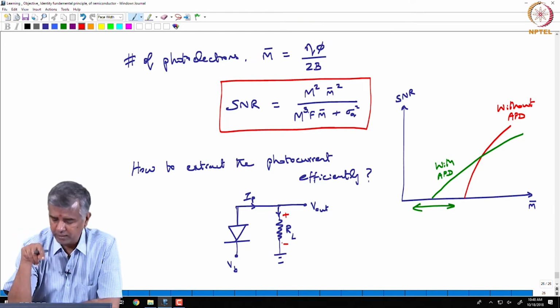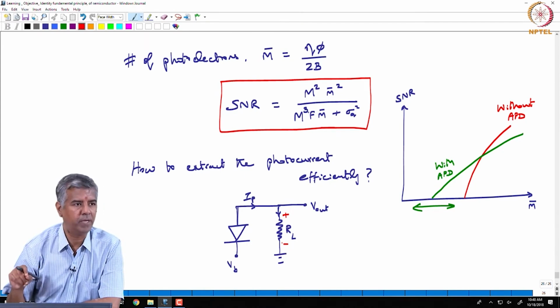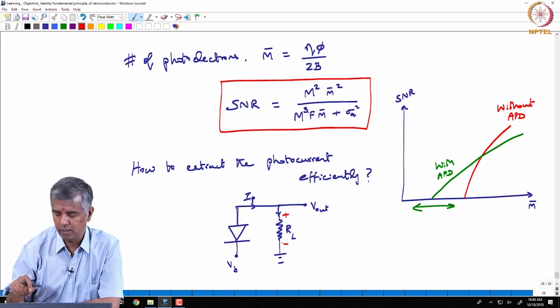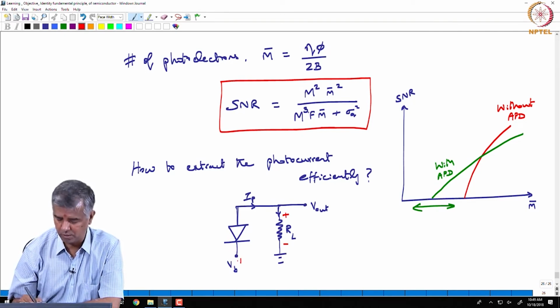So, when photocurrent flows through this RL, it is going to have a potential drop corresponding to IP multiplied by RL, and that voltage drop is acting against this VB, because VB here is positive.